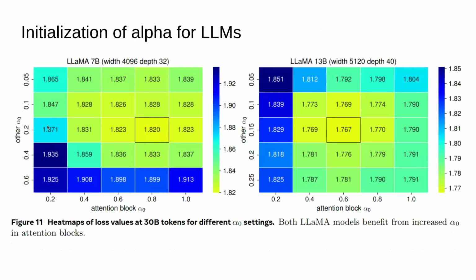So this is the loss, right? And you can see that for different values of alpha, you actually do get quite a gain in loss. It goes from 1.935 to 1.839. So for an LLM, this is quite a bit.